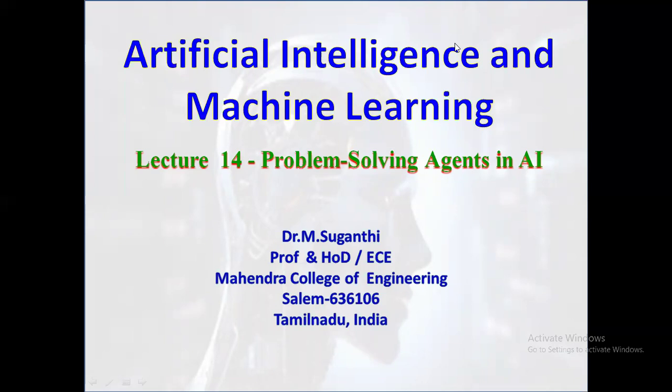All of you know that problem solving agents are a type of goal based artificial intelligence system designed to find a sequence of actions that lead to a desired outcome or goal. These agents operate by formulating a clear goal, assessing the current state of the environment, and then systematically exploring possible actions to achieve the goal.